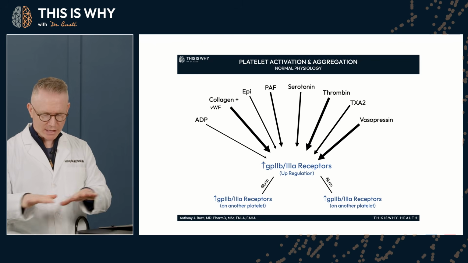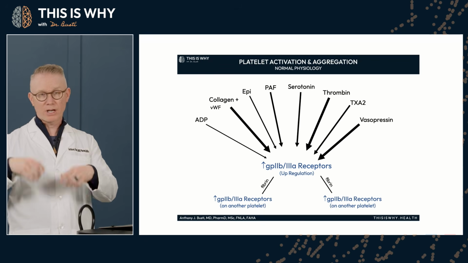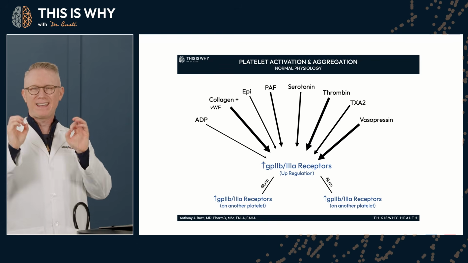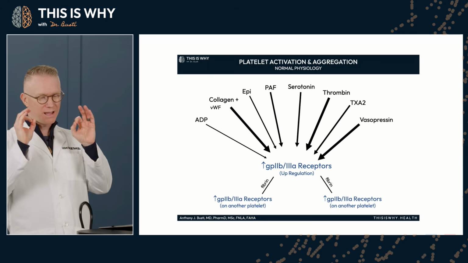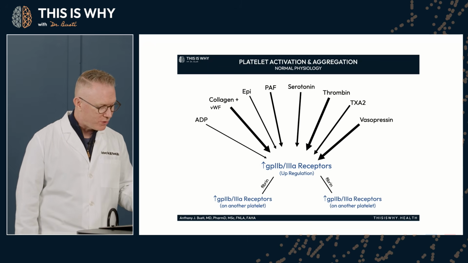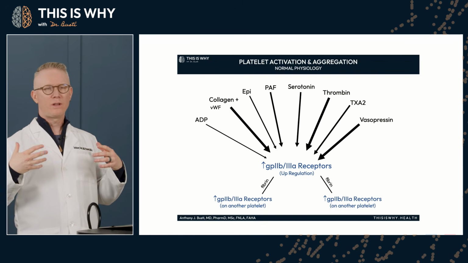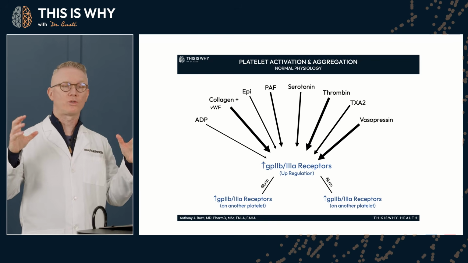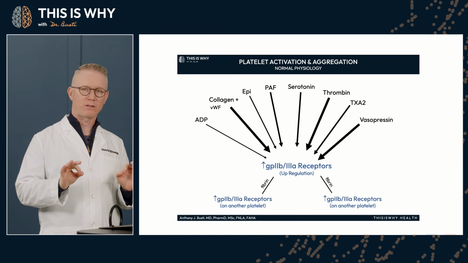Collagen exposure, I talked about that. Remember, von Willebrand's factor floats by, binds to the collagen, and binds to the glycoprotein 1b receptors on the platelets, and it activates them. Collagen interacts with glycoprotein receptors and activates the platelet pretty strongly. So when you see the arrow thickness here, the thickness of the arrow is trying to give you an indication of the degree of influence it can have on the activation of the platelet.